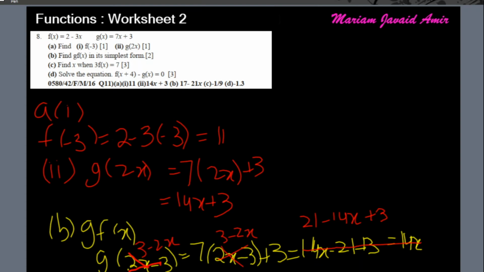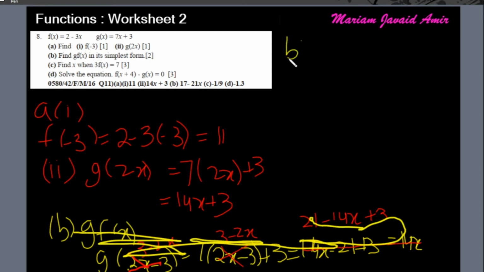Oh, another mistake. So let's just redo this from scratch. Let's ignore this and do part B here again, hopefully this time with no mistakes.